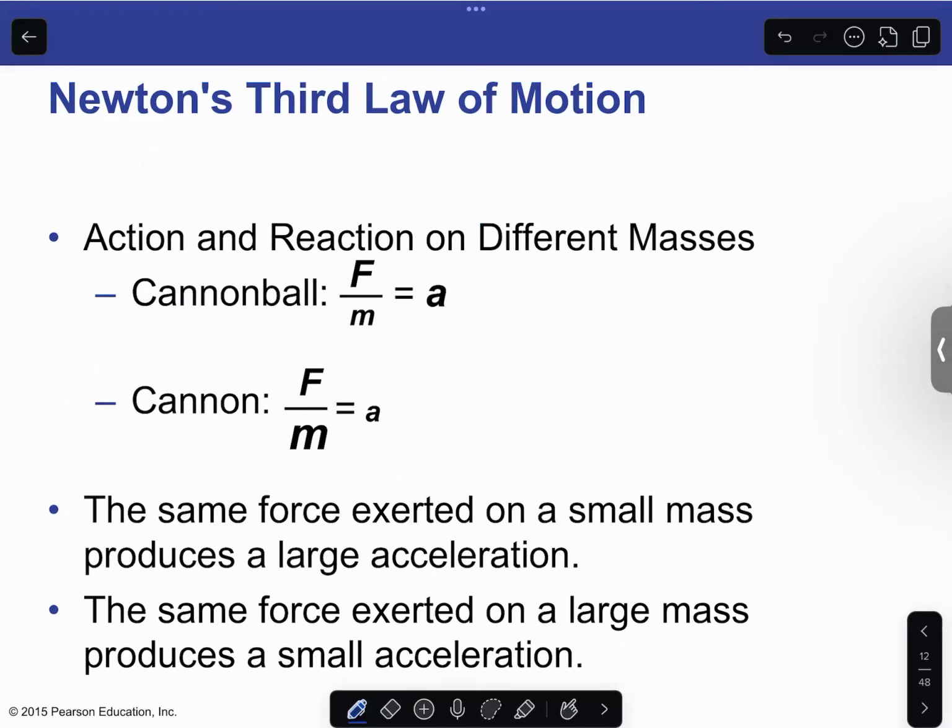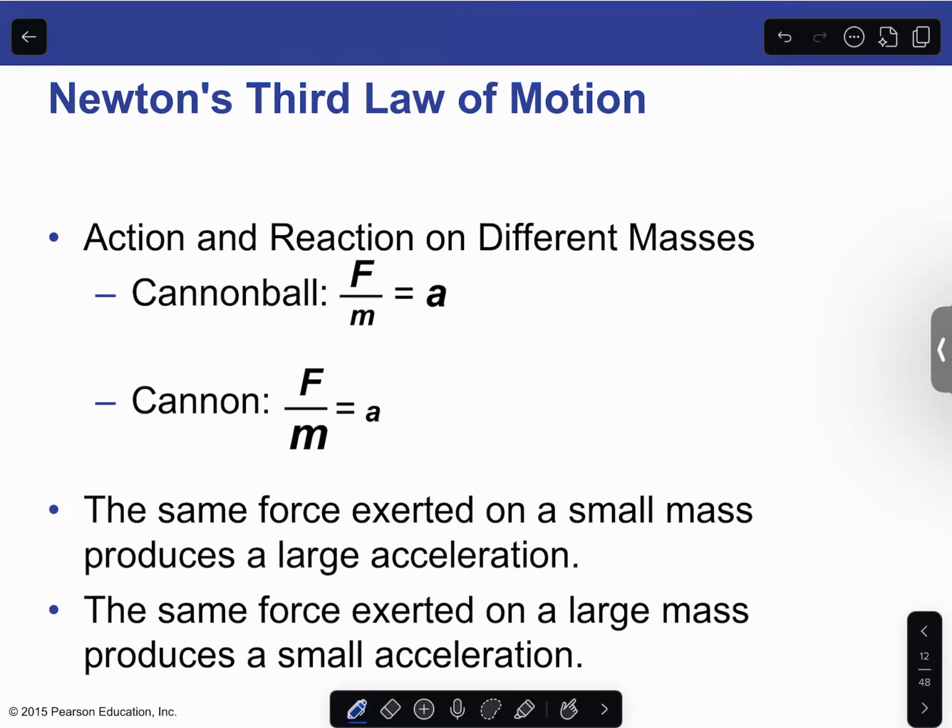A cannon shoots a cannonball. I want to emphasize this. This is a third law pair. The explosion of gunpowder pushes cannon and cannonball equally. Newton's second law formula, the only formula you've got right now: acceleration of an object is the total force on that object divided by that object's mass.